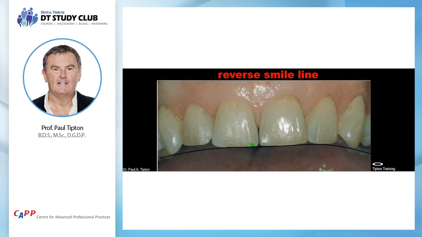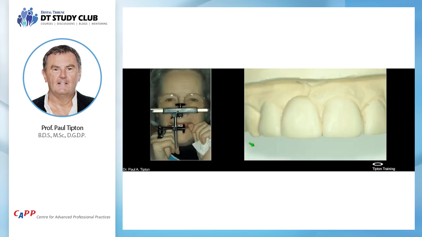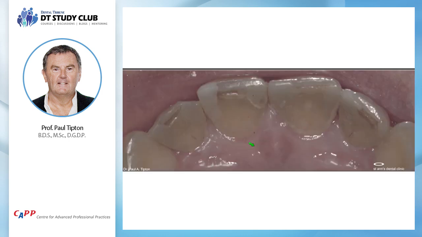So we're going to have to lengthen them, but not lengthen them till they're too much longer than the canines. Remember, this is an old patient, so I'm going to lengthen them till they're more or less the same length as the canines, giving a very, very small amount of curvature there to match the lower lip, not too much. So we start off in our same normal way, mounted study casts, diagnostic wax up.